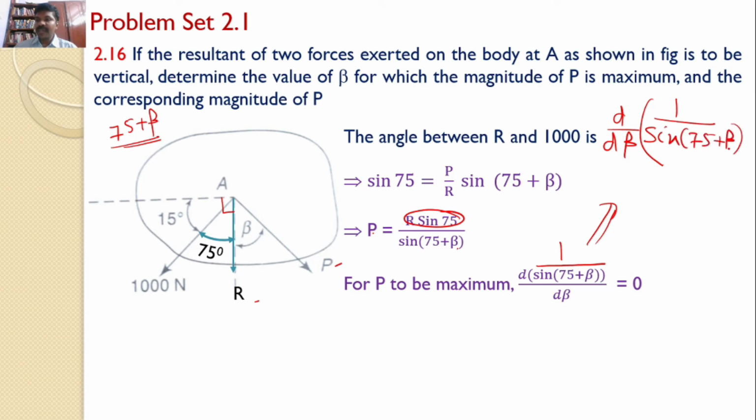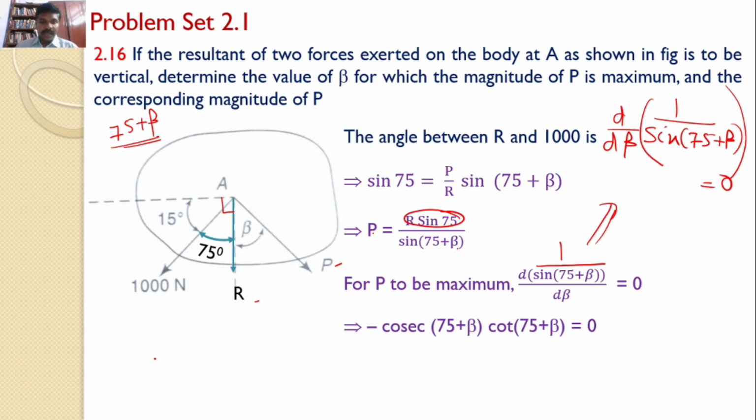What is d by d beta of 1 by sine 75 plus beta? It is minus cosecant 75 plus beta into cot 75 plus beta, equal to 0.